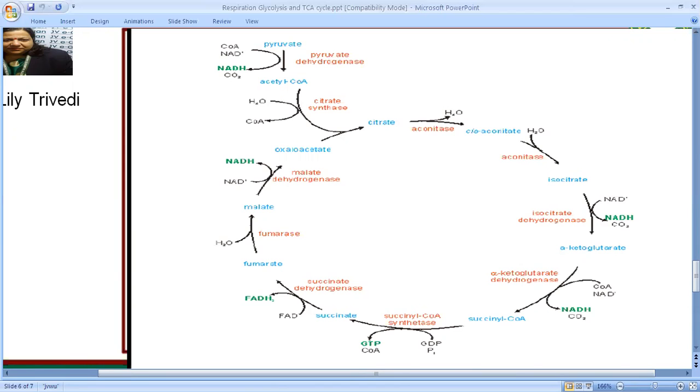The enzyme is aconitase. Now the cis-aconitic acid plus one molecule of water will form isocitric acid. Now isocitric acid is oxidized to form oxalosuccinic acid in the presence of isocitric dehydrogenase. So here NADP is also reduced to NADPH2 in the reaction.